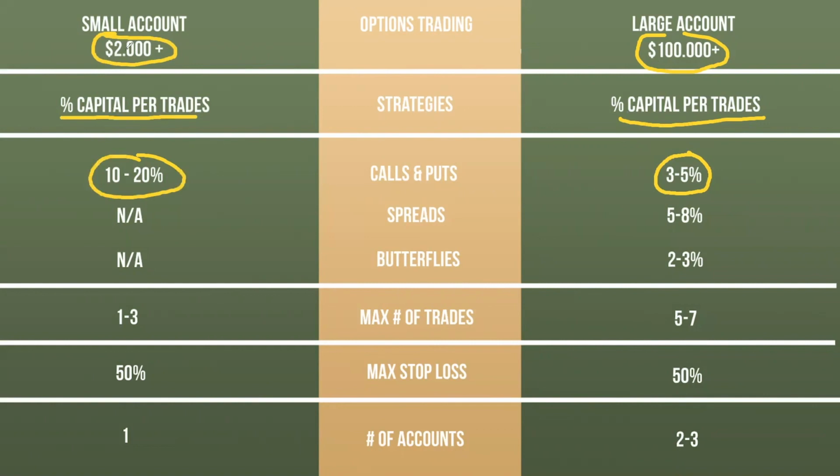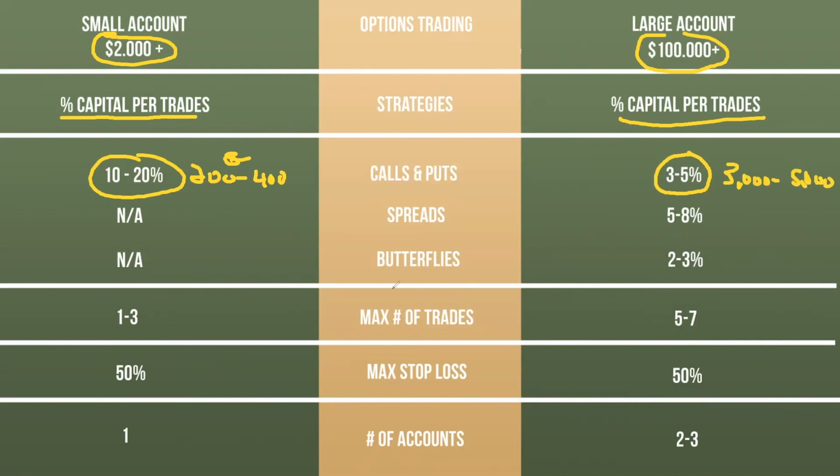So on a $2,000 account, you're looking anywhere from $200 up to $400. And on a $100,000 account, it's going to be anywhere from $3,000 to $5,000 per trade.